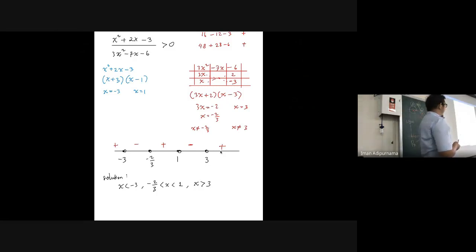Okay, because actually it's all from the math that you already learned before. It's just combining some parts of some domain, some inequality, some quadratic functions.